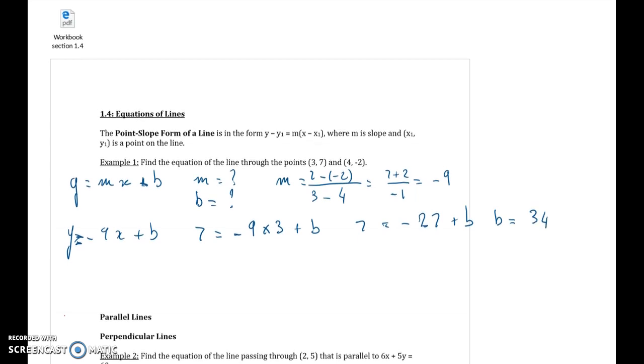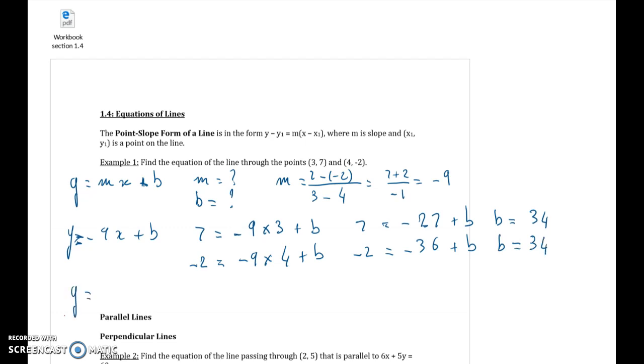Let's check if I find exactly the same value with the other point. So negative 2 equals negative 9 multiplied by 4 plus b. Negative 2 equals negative 36 plus b. I add 36 to both sides to have b by itself and end up with b equals 34.